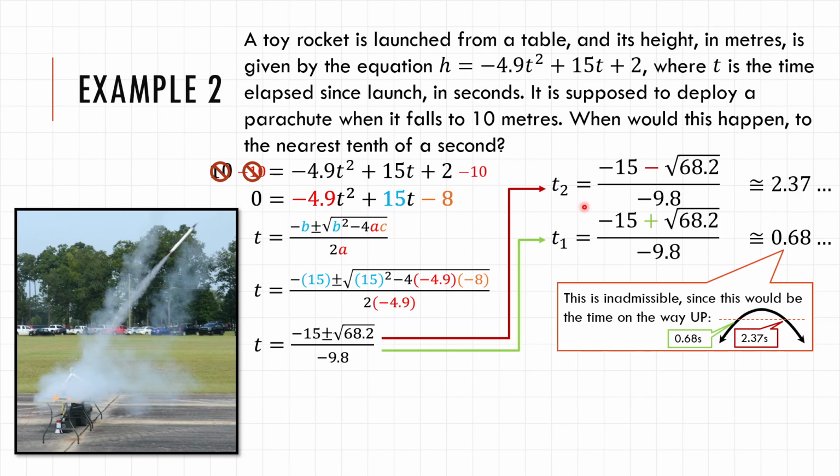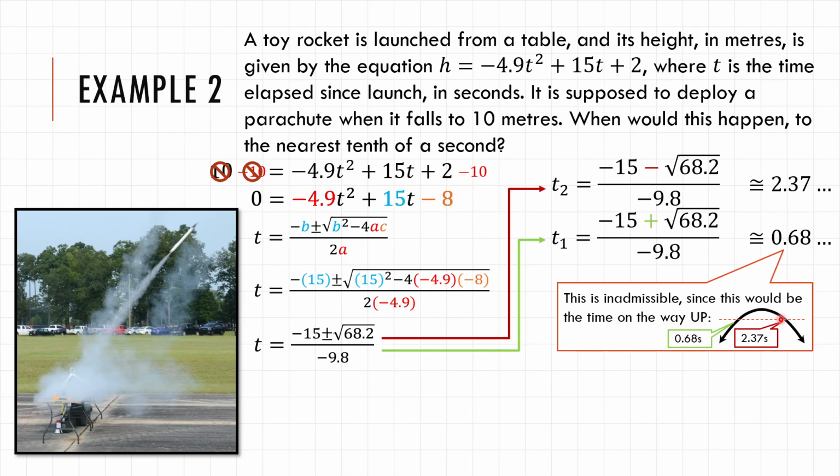And I'm trying to find out when is the parachute going to deploy, and that happens only when it falls to 10 meters. And so here we can see that the parabola might be shaped something like this because it's opening downwards. As it's going up, it crosses the 10-meter height mark at about 0.68 seconds.